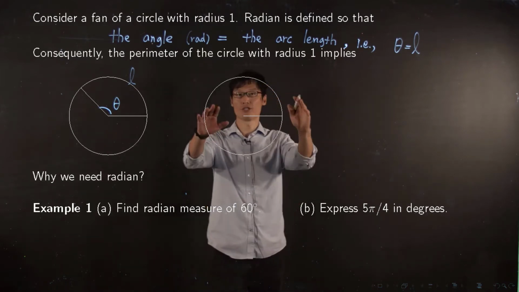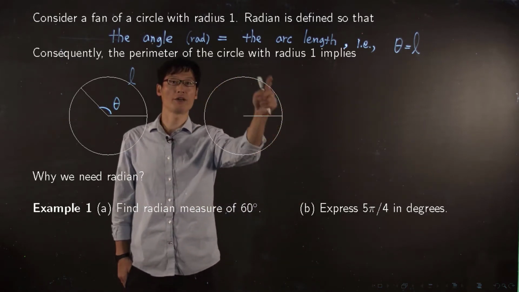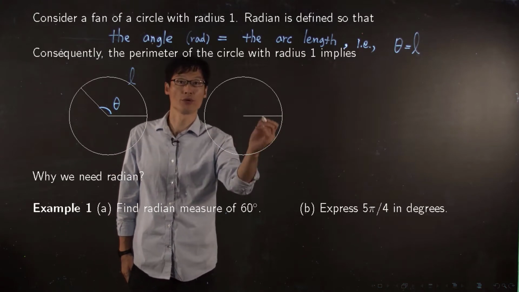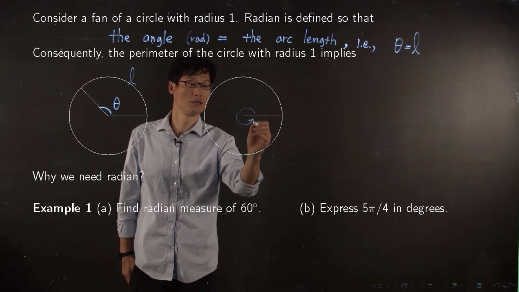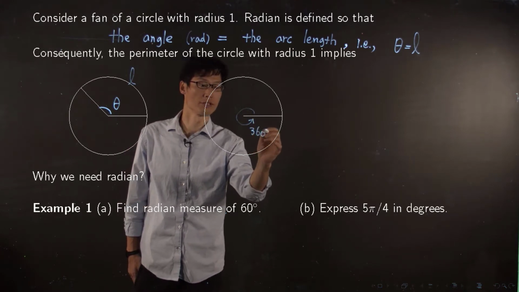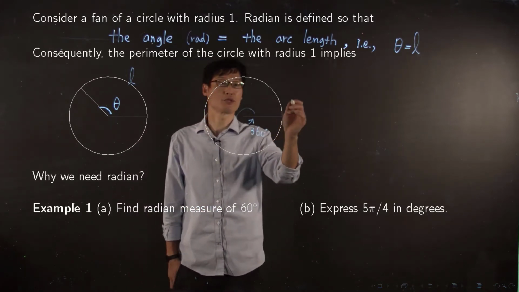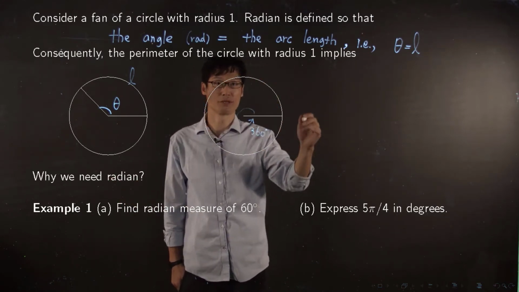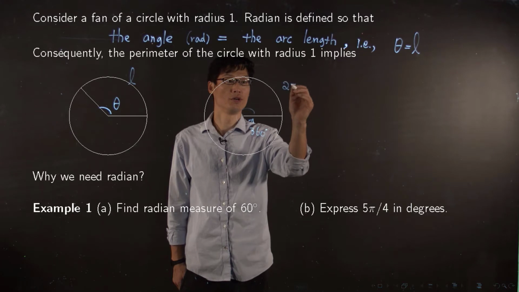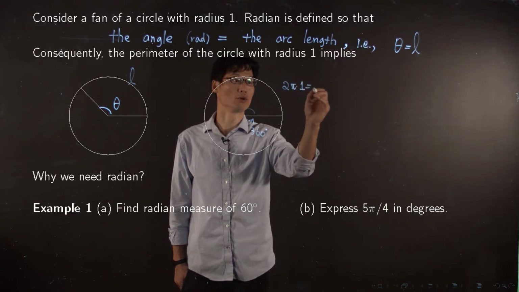So if you apply this definition to the entire circle, so we have angle 360, right? And the perimeter of this circle, or the arc length of this big fan, is 2 pi times 1, or 2 pi.